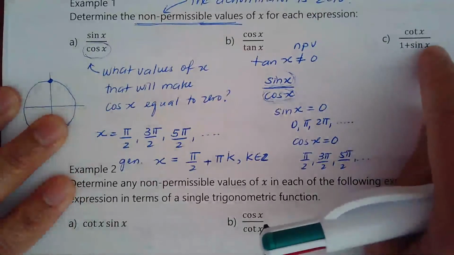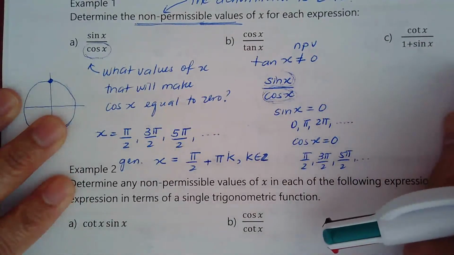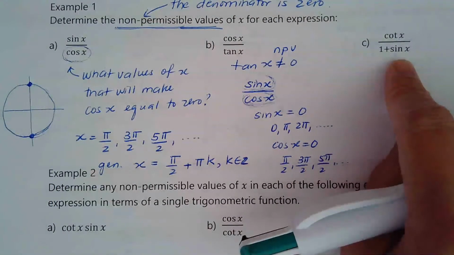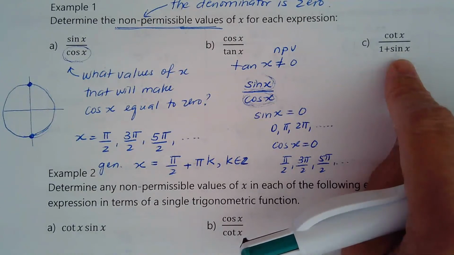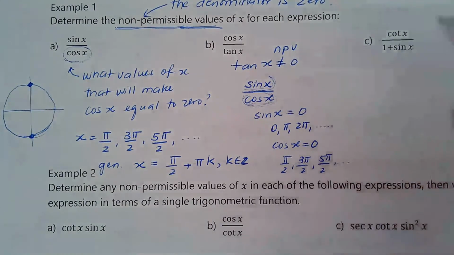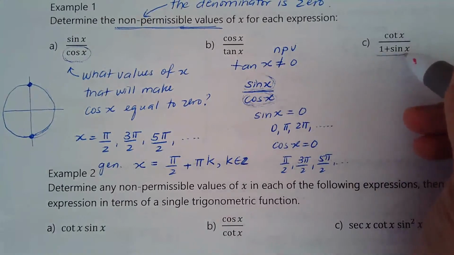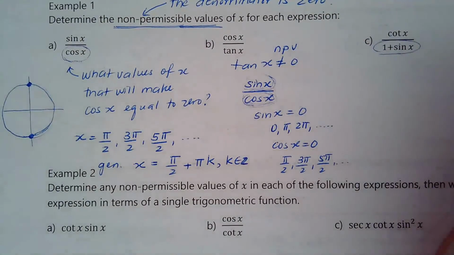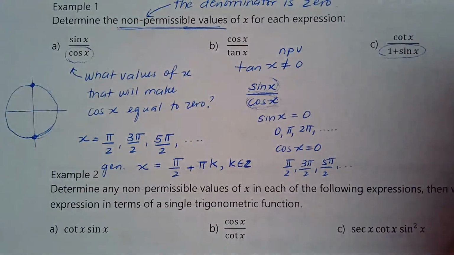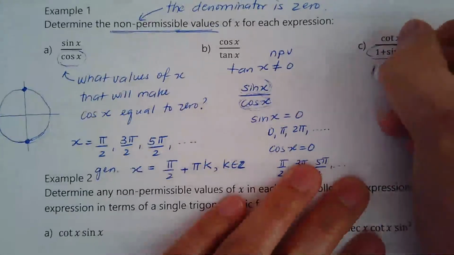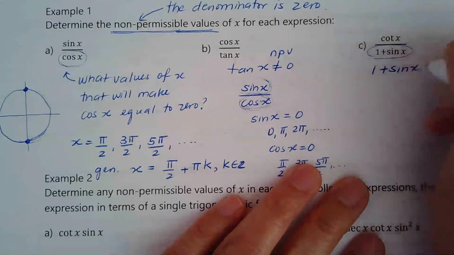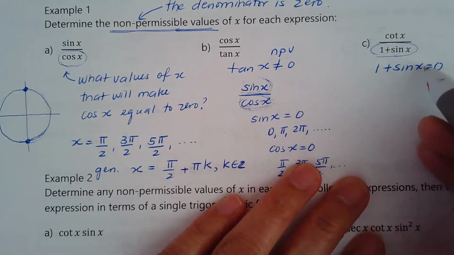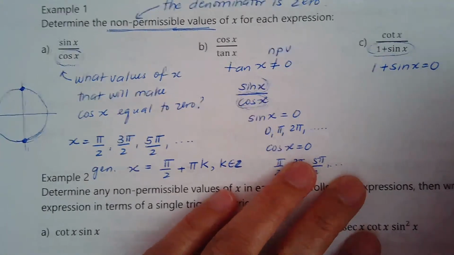So now let's take a look at this last one in example 1. We're looking at the non-permissible value. What is a non-permissible value? In the non-permissible value, we look at the denominator. So the denominator, 1 plus sine of x, is 0. What values of x will make that 0?